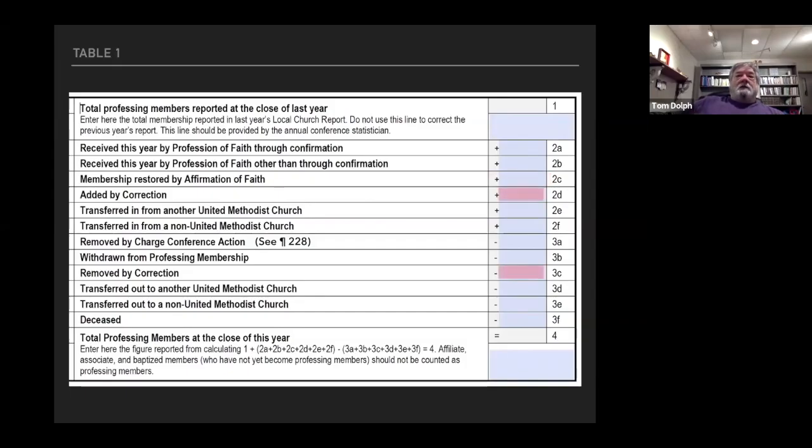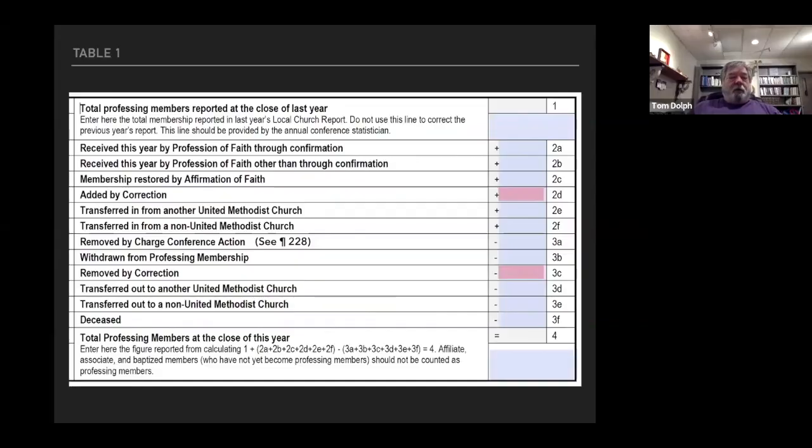I want to look at these categories, 2D and 3C. Sometimes we find that when we look at our membership books, our names and numbers don't exactly match up, and the numbers that we had last year aren't correct for some reason. We just can't reconcile why our numbers aren't right.